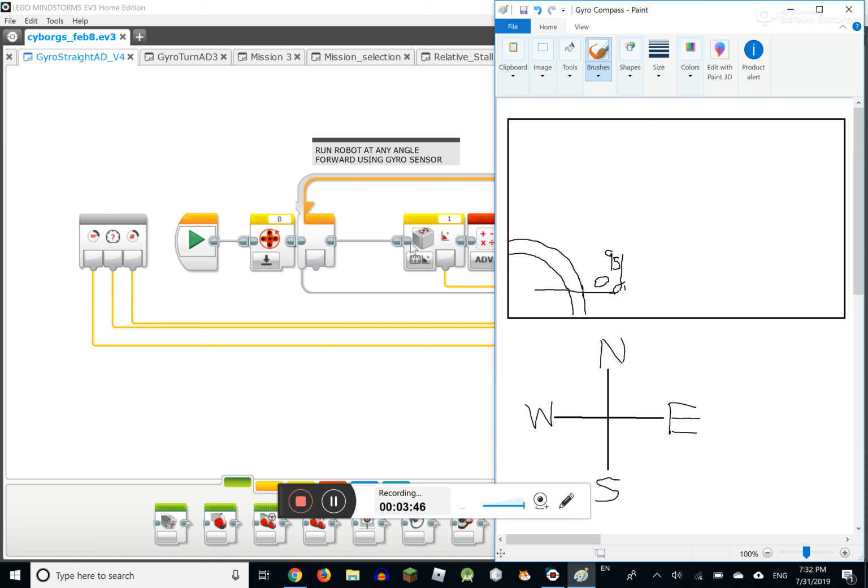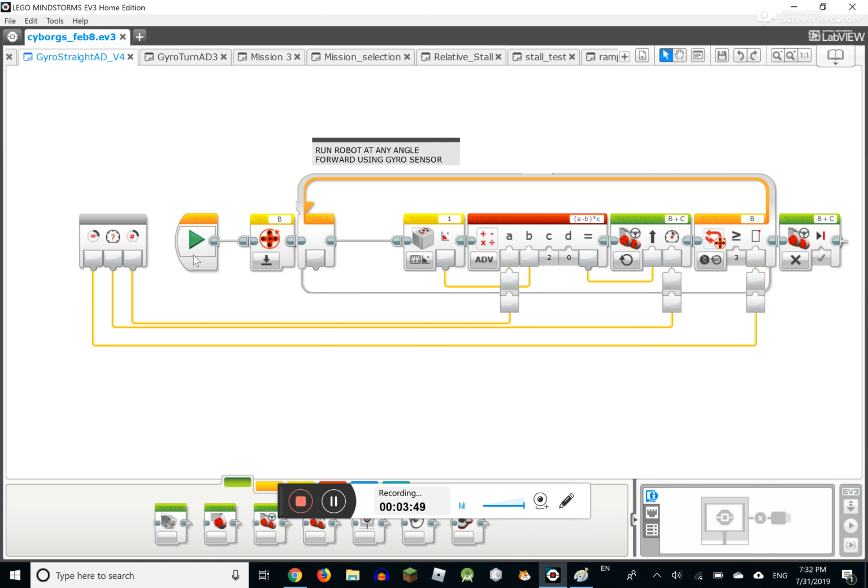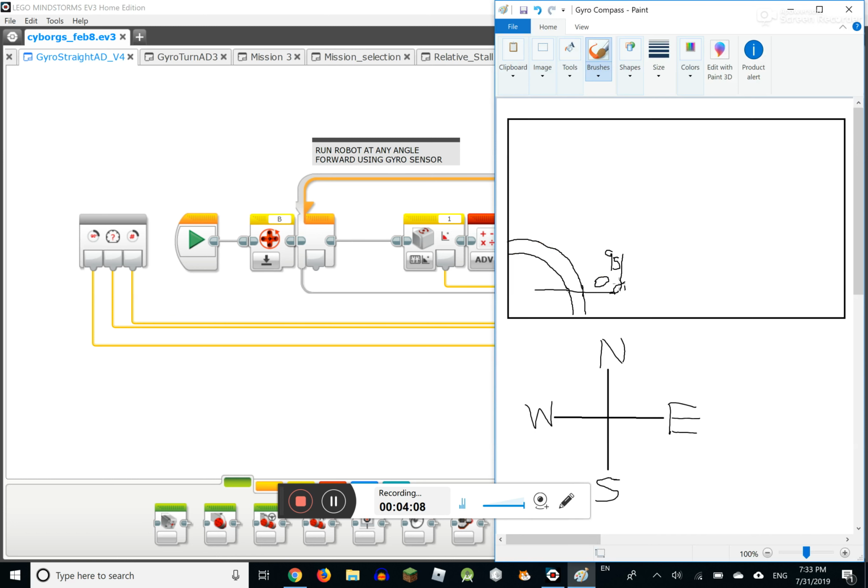What it does here is take the measurement. The gyro sensor is at 95, so it takes the 90 degrees that you set in the parameter, subtracts 95 from that to get -5, and multiplies that by 2 to get -10. So that will tell your robot to move at 10 degrees to the left for a short amount.